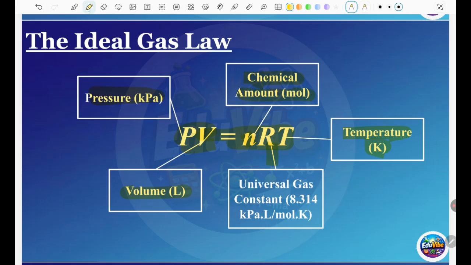R is the proportionality constant, which is the universal gas constant. The value is 8.314 kPa times liter divided by mole times Kelvin.